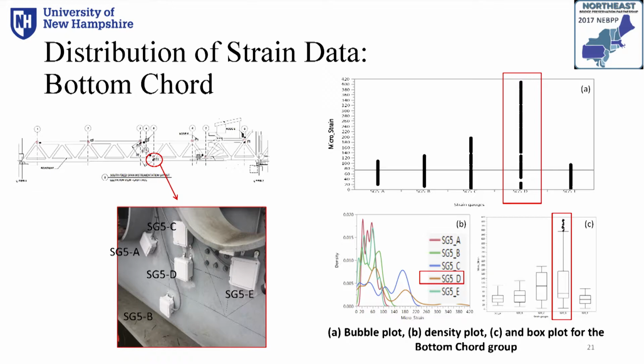This figure shows the bubble plot of the data recorded during 3 months of monitoring from the bridge, and the density plot and box plot also confirm this difference. This information shows that sensors that don't show good results can be removed from the analysis in order to obtain reliable results.